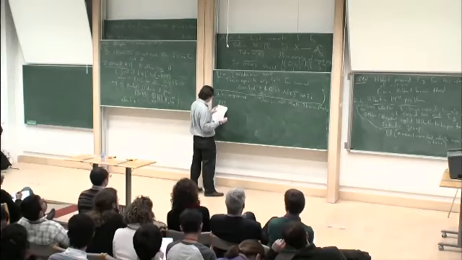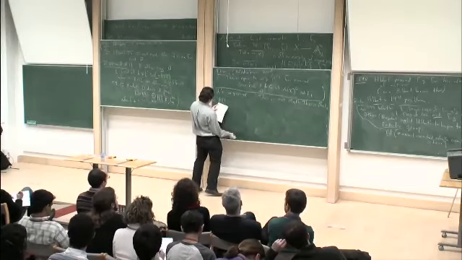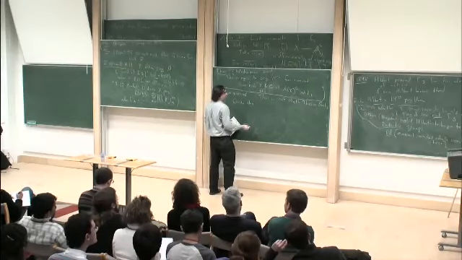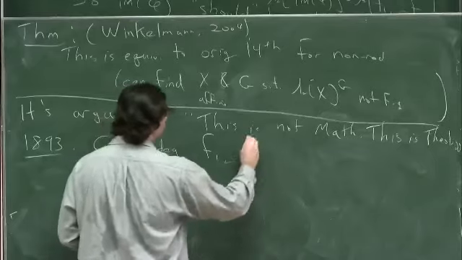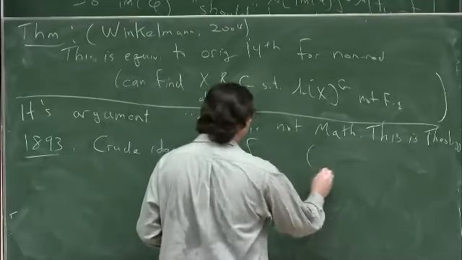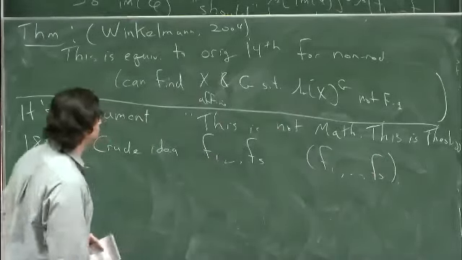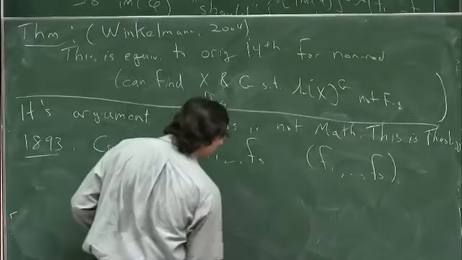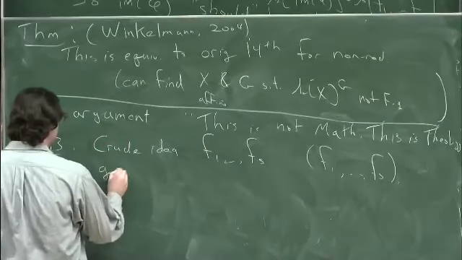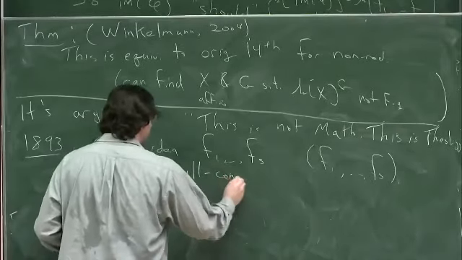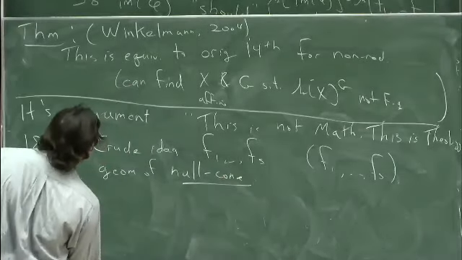So the crude idea is that we have these generators F1 through Fs, so we can look at the ideal generated by F1 through Fs and an associated geometric object, namely the variety associated to this, or the null cone, which we discussed before, right? Just the zero set.